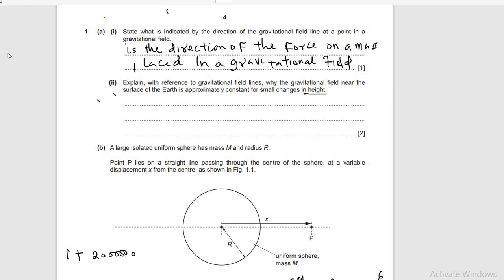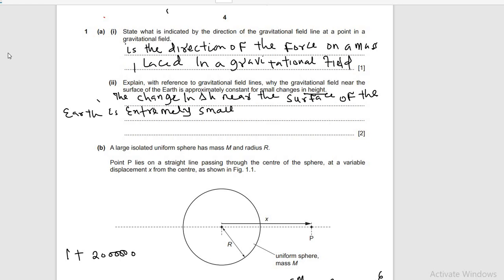I'm going to put it like this: the change in height, delta h, near the surface of the Earth, is extremely small compared to the radius of the Earth, 6.4 times 10 to the power 6.